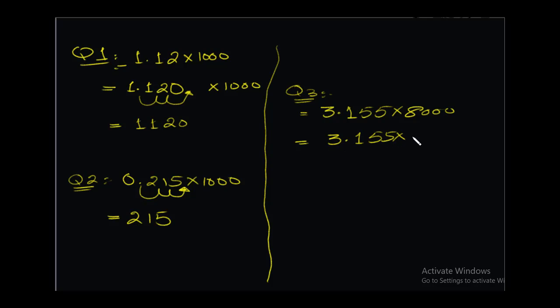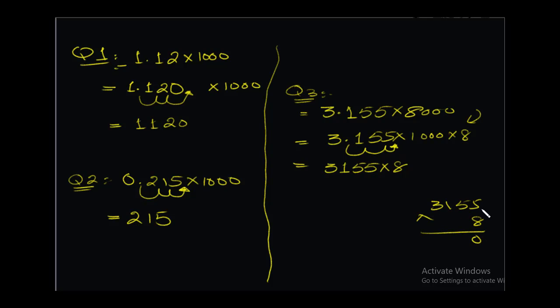So we can write this as 1000 multiplied by 8. This is the splitting of 8000. So as per rule, the point will move 3 places from left toward right and it will move out. So the answer is 3155 multiplied by 8. Next we multiply 3155 with 8 to get the final answer.